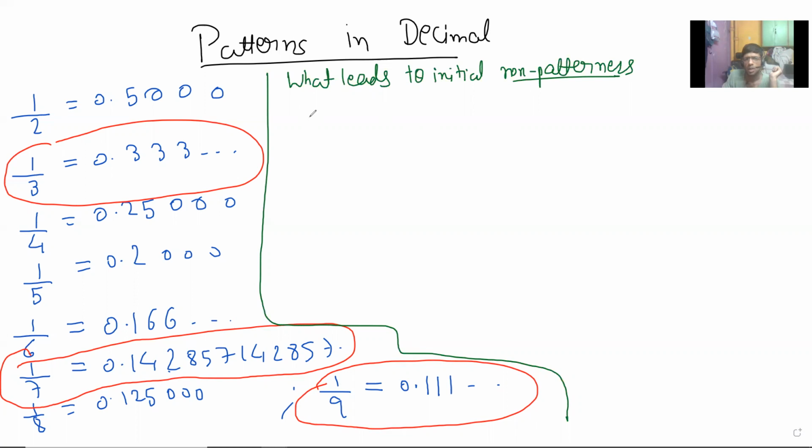So let's say that you have a number. Let's just take a number of the form 1 by n for simplicity. Let's say initially there is no pattern, in the sense that initially you get some a, b. These a, b, just think of them as digits. You can put any digit there if you want. And let's say after that there is a c, d, c, d, c, d pattern.